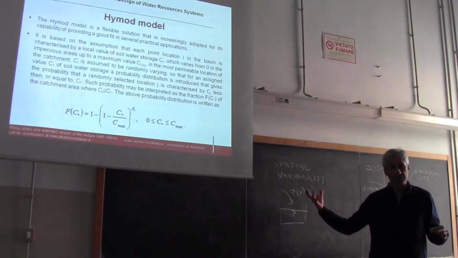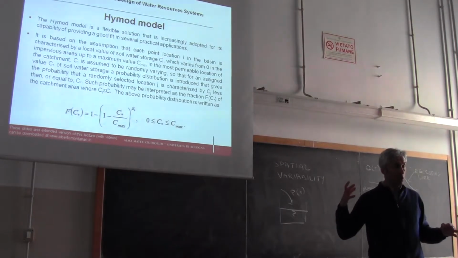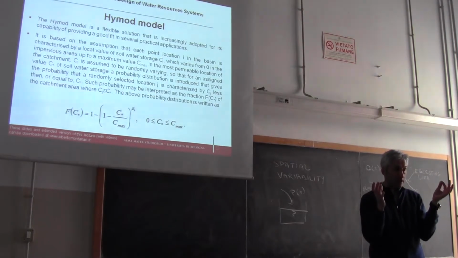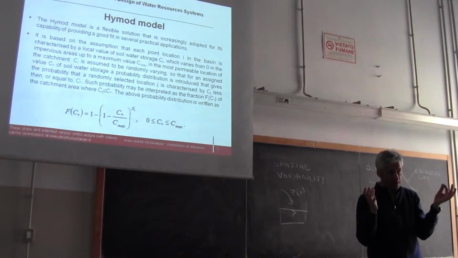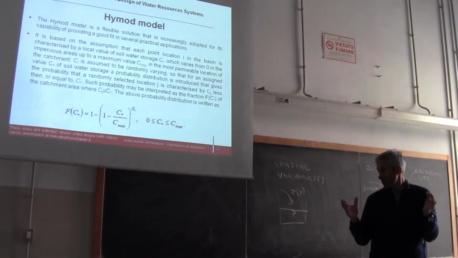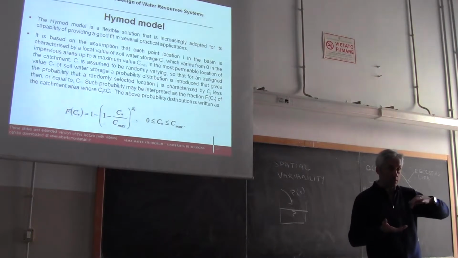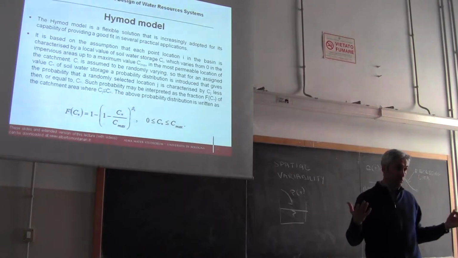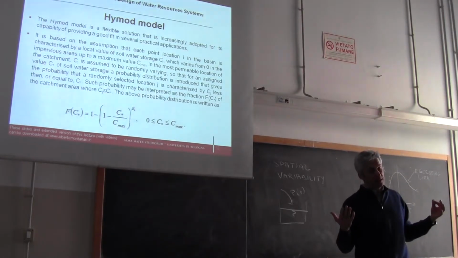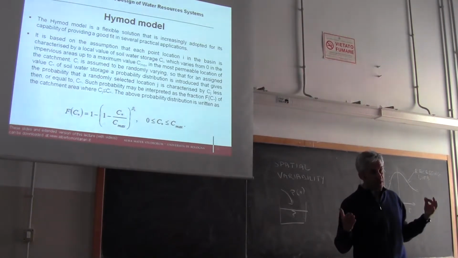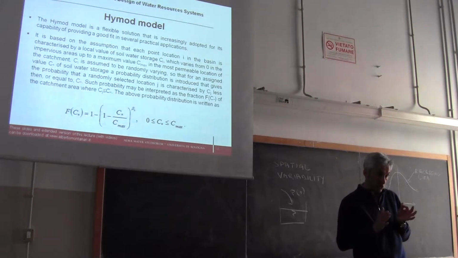You have a unique value of rainfall, while over a catchment you can easily understand that rainfall is not constant in space. Rainfall is varying in space, we know that. And it's especially varying when the duration of rainfall is short.